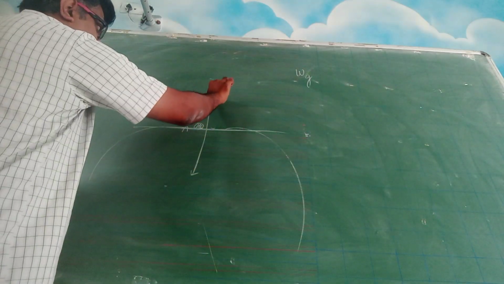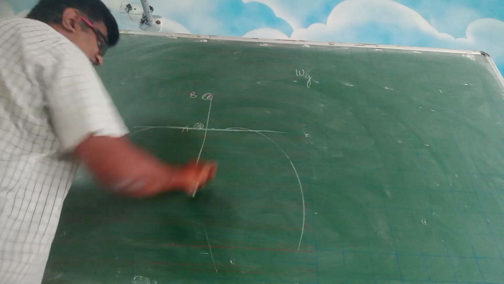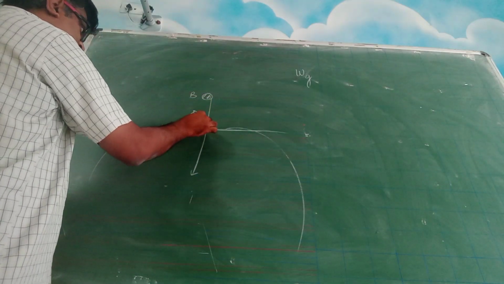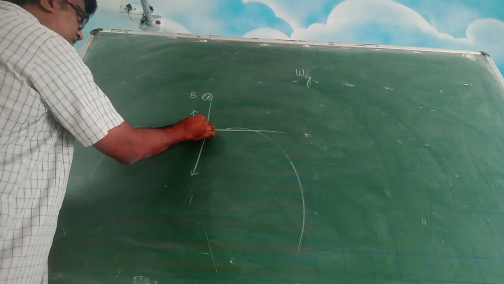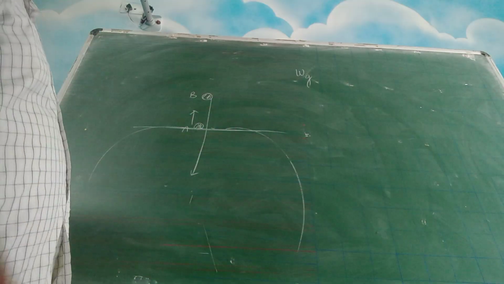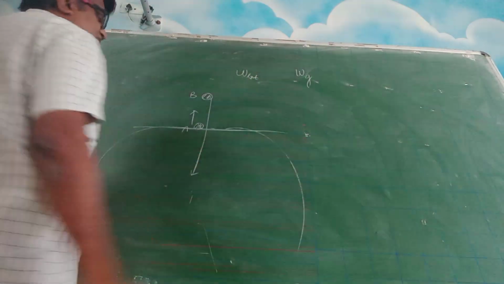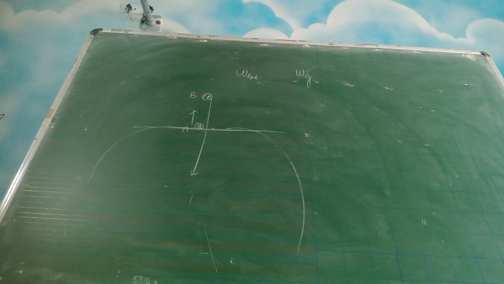See, gravity is acting in this direction, and you are doing some work in this direction. Because of that, this object reached from here to here. So let us say the work done by you or an external agency is W suffix ext, W external.